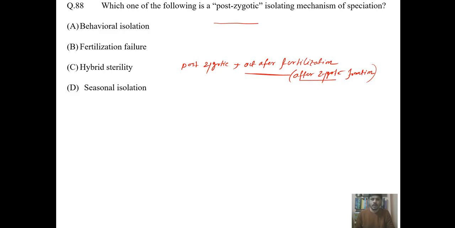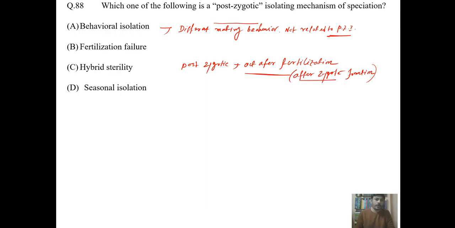Keeping this in mind, let's see the options one by one. Behavioral isolation shows different mating behavior, and it is not related to post-zygotic isolation.